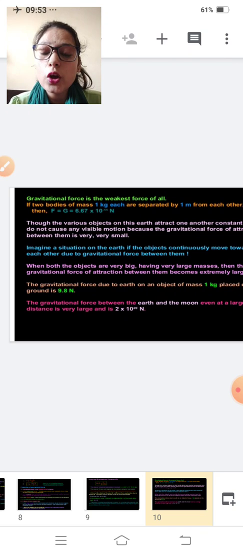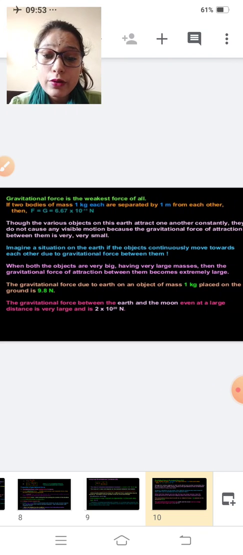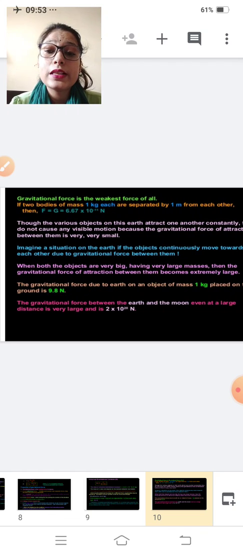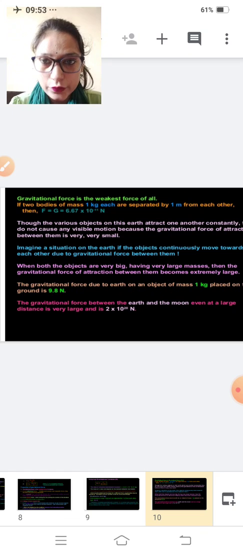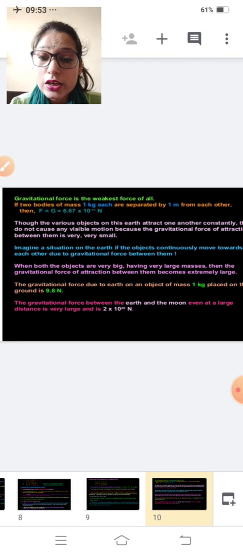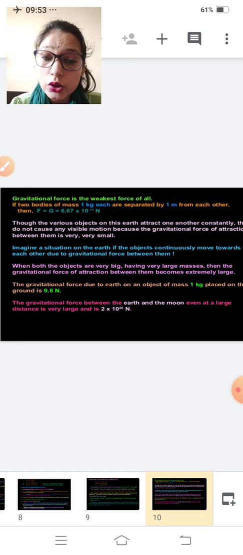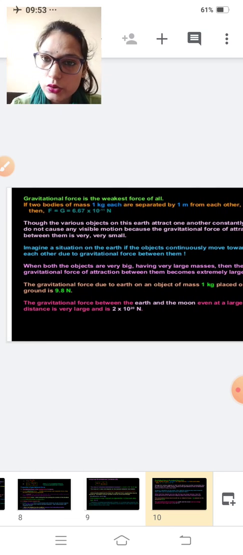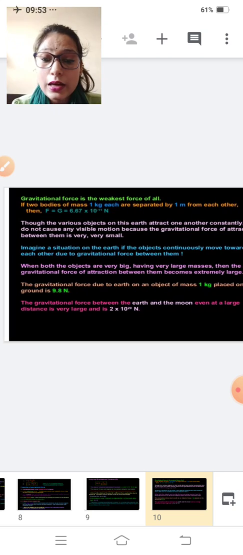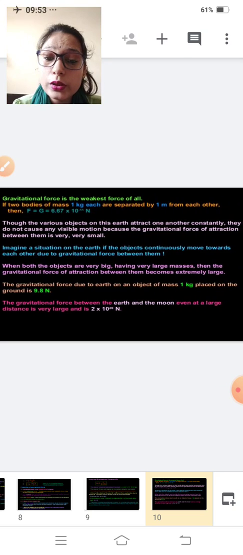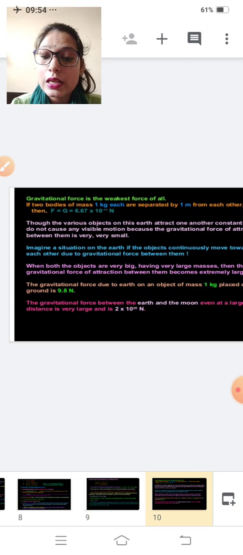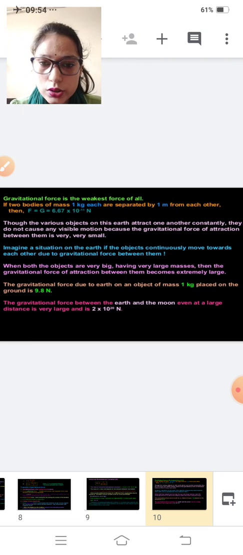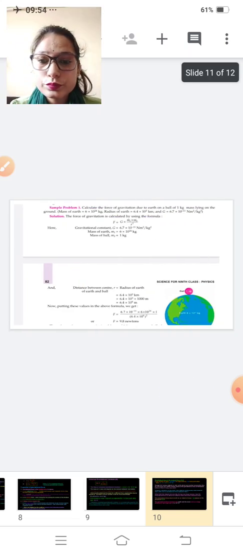When both objects are very big, having very large masses, then the gravitational force of attraction between them becomes extremely large, and you can observe that force. So the gravitational force due to the earth on an object of mass 1 kg placed on the ground is 9.8 Newton. This value we will do later on. The gravitational force between the earth and the moon, even at a large distance, is very large, and it is 2 into 10 to the power 28 Newton. Is this clear to you?